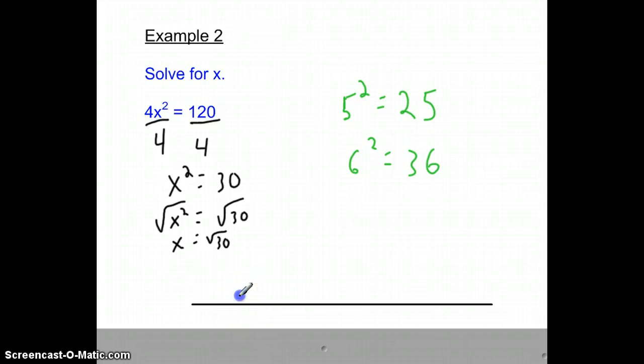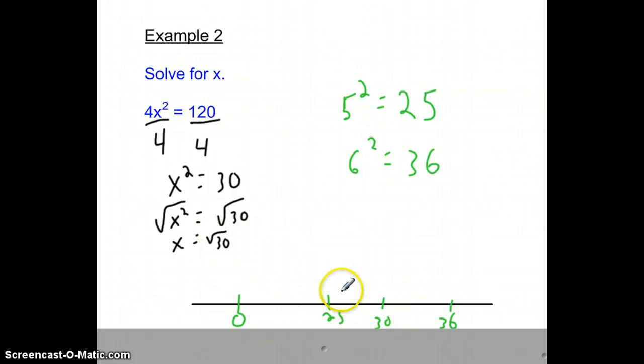If we think about a number line here, here's 0. 5 squared is 25. 6 squared is 36. Which is going to be closer to 30?